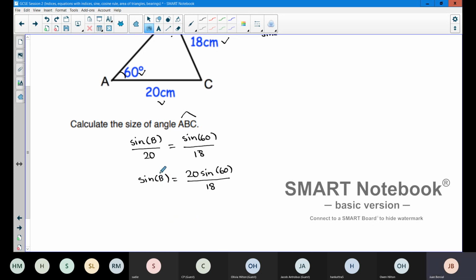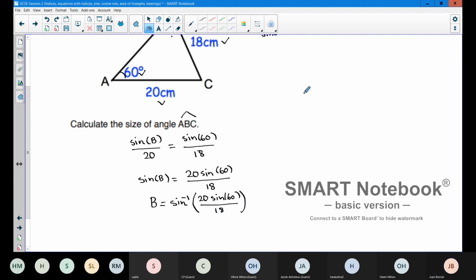When you want to find the angle, you can do B is the sine -1 of 20 sine 60 over 18.